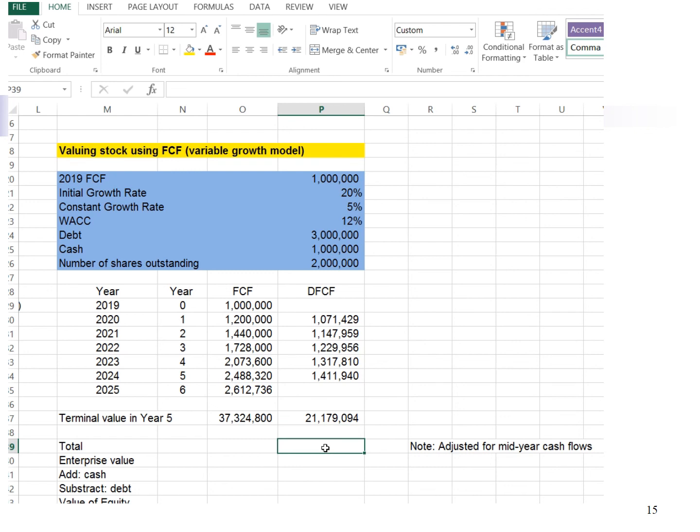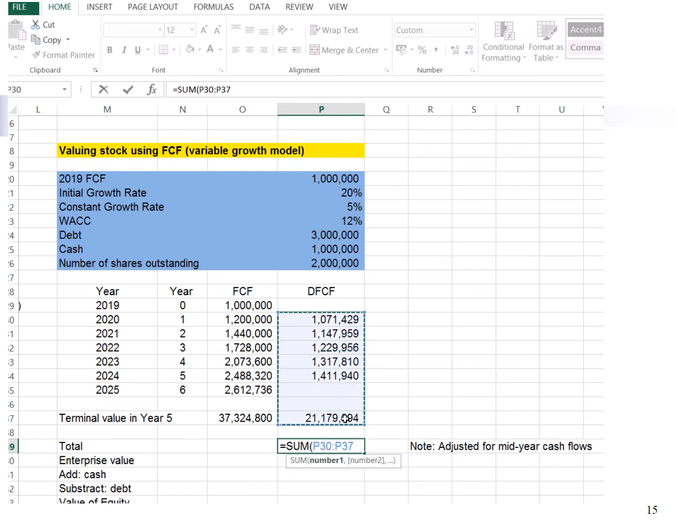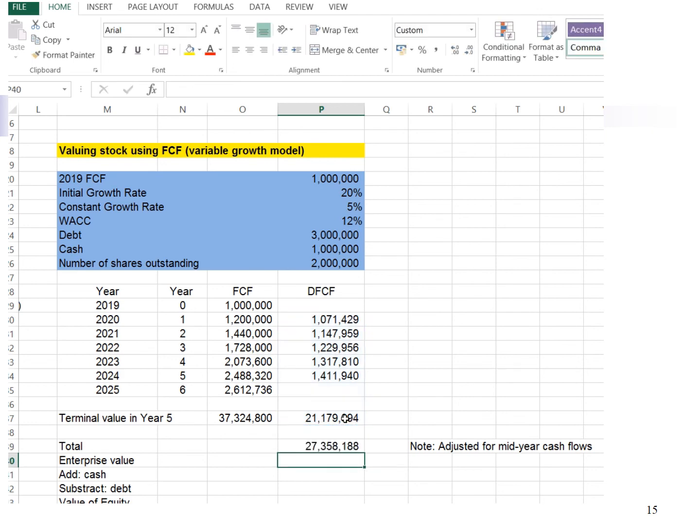Next, I shall total all the discounted cash flows. So I type equal SUM, open bracket, and highlight all the cells here, close bracket. And this is the total discounted free cash flow. Next, I shall calculate the enterprise value.